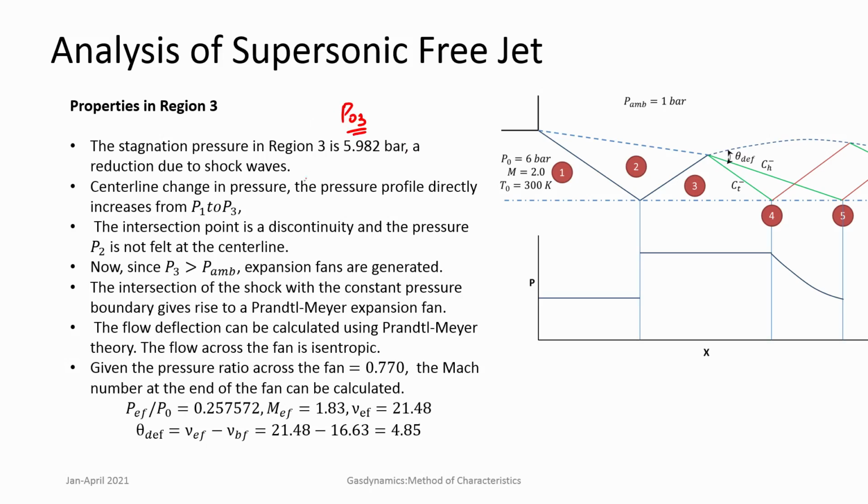This can be found, it is 5.982 bar because of two shock waves. You see that the stagnation pressure has reduced from 6 bar, this is due to entropy generation in shock waves.